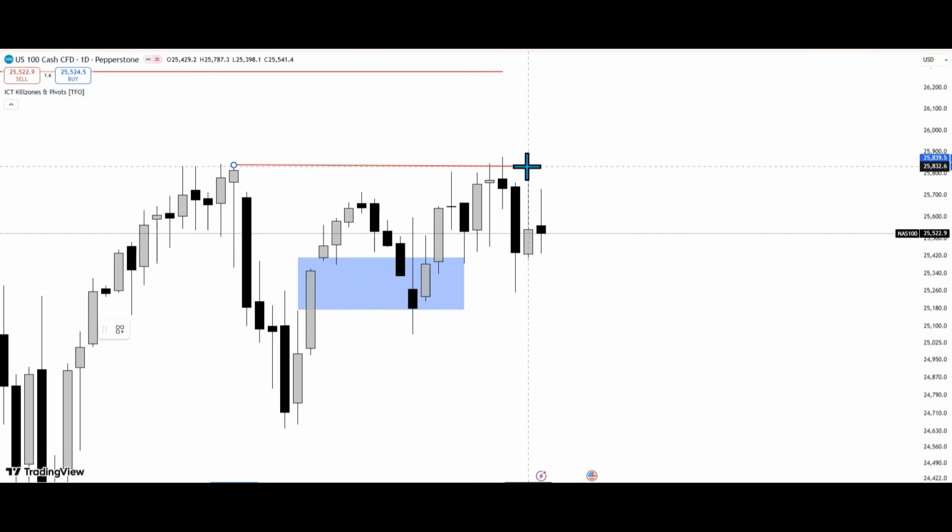We ended up sweeping all this liquidity. Then we have all this bearish move. So this here is an order block, which you can see price tagged on Thursday and also Friday.